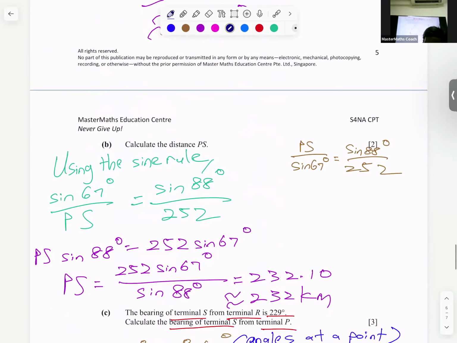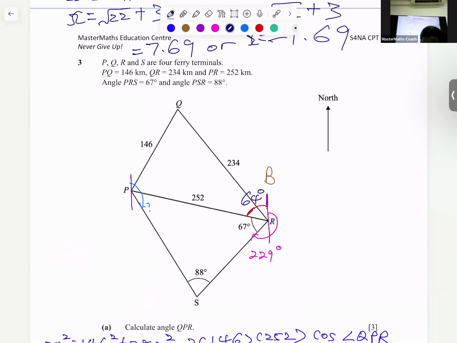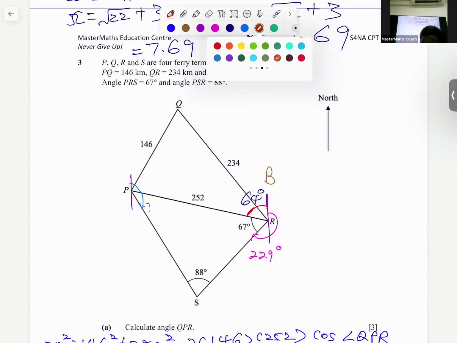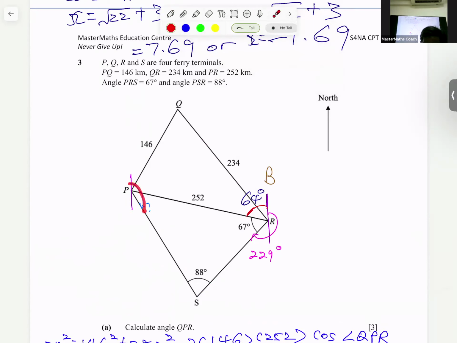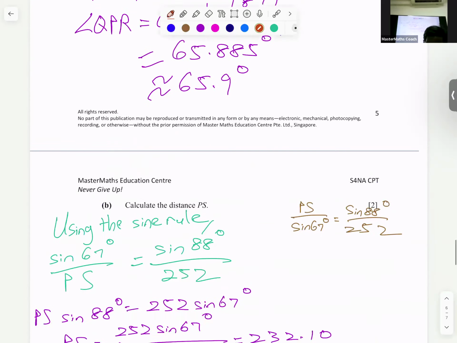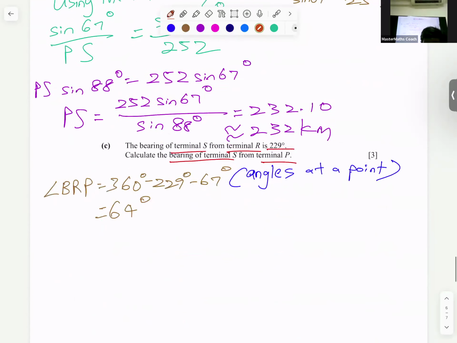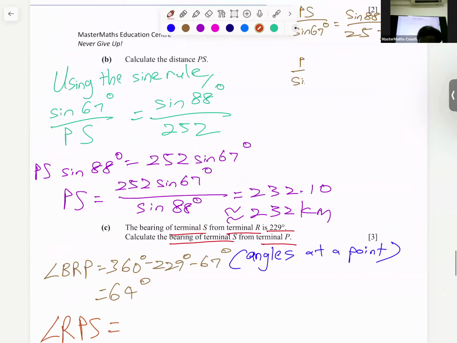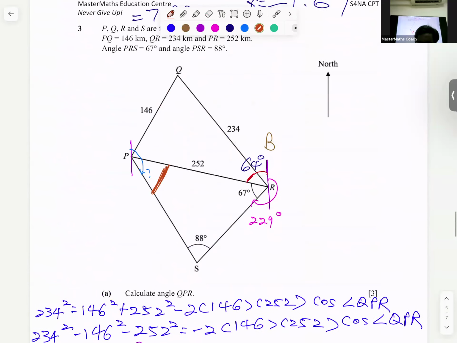Okay, now friends, if this is 64 degrees, how much will... Remember, our objective is to find this whole blue thing, this angle which is in blue, our objective, but we do it slowly. Let's first find this angle. Angle RPS, easy. Khairul, what is angle RPS? 180 minus 67 minus 88.